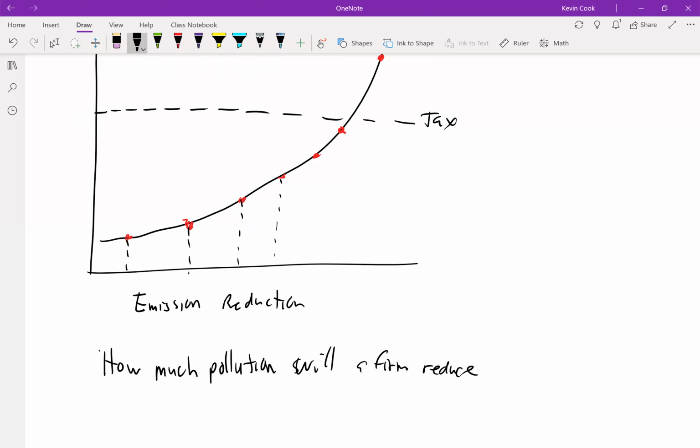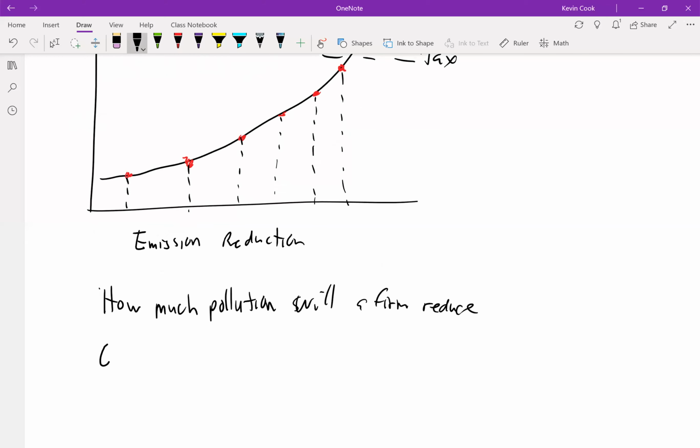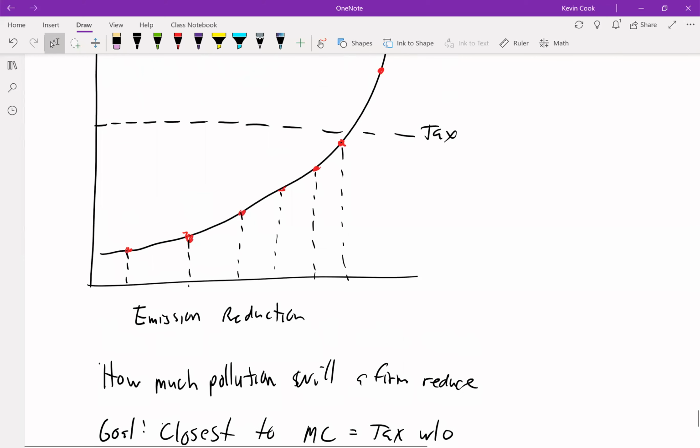And your goal, if you see a problem like this, is kind of like a Price is Right rule. You want to be closest to your marginal cost being equal to your tax without going over. So in this case, we see that this last one right here is going to be where we go.